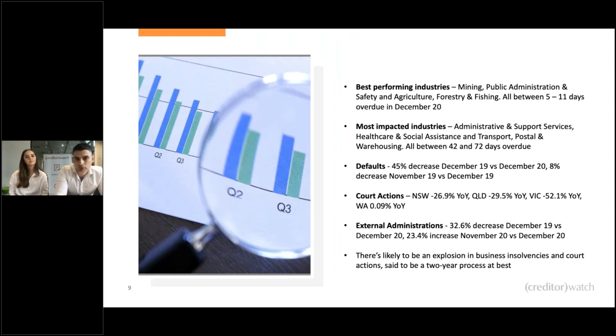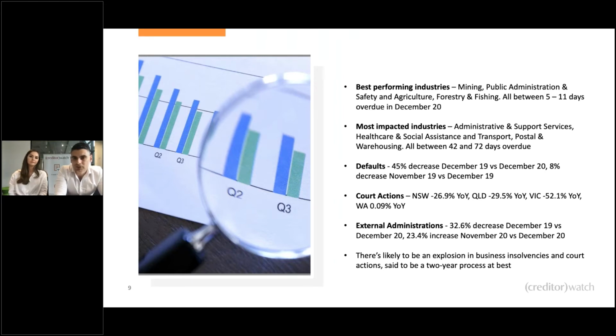We can see court actions are also down year on year, which is fantastic. External administrations also down, which is good to note. However, we do see a 23% increase from November last year to December last year. So it's a little shift there.